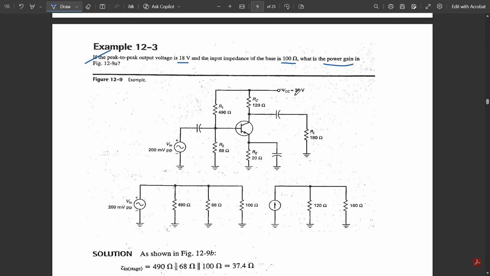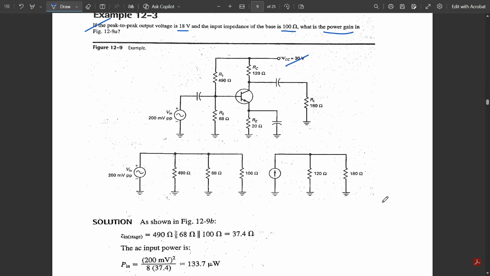Initially, this is the circuit given, where VCC is equal to 30 volt, the peak to peak voltage is 18 volt, the collector resistance is 120 ohm, the load resistance is 180 ohm, the emitter resistance is 20 ohm, and R1 and R2 are 490 ohm and 68 ohms. If you write the DC AC equivalent circuit for this amplifier, you would get something like this, where V in is 200 millivolt peak to peak, with these three resistors 490, 68 as well as 100 ohms.